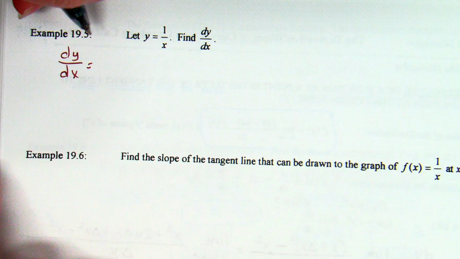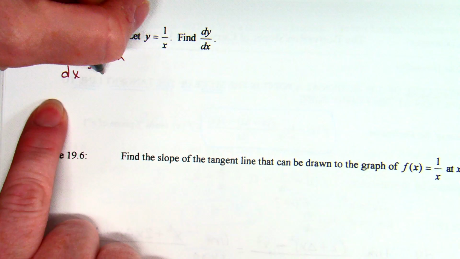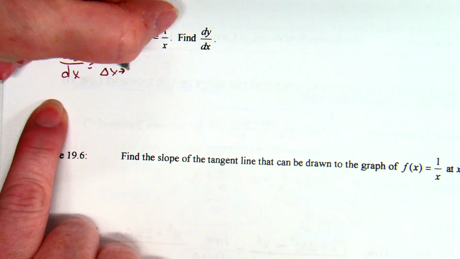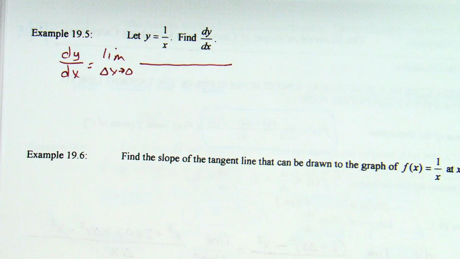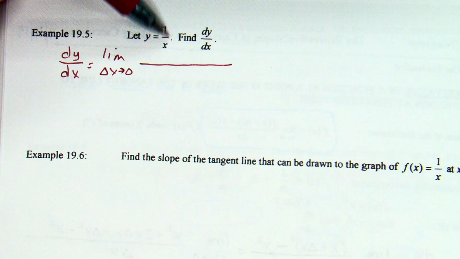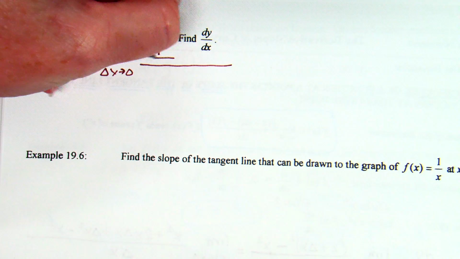I'm going to start off with the limit as delta x approaches 0 of f of x plus delta x. So I use the given function, which is 1 over x. Every place I see x, I'm replacing it with x plus delta x.